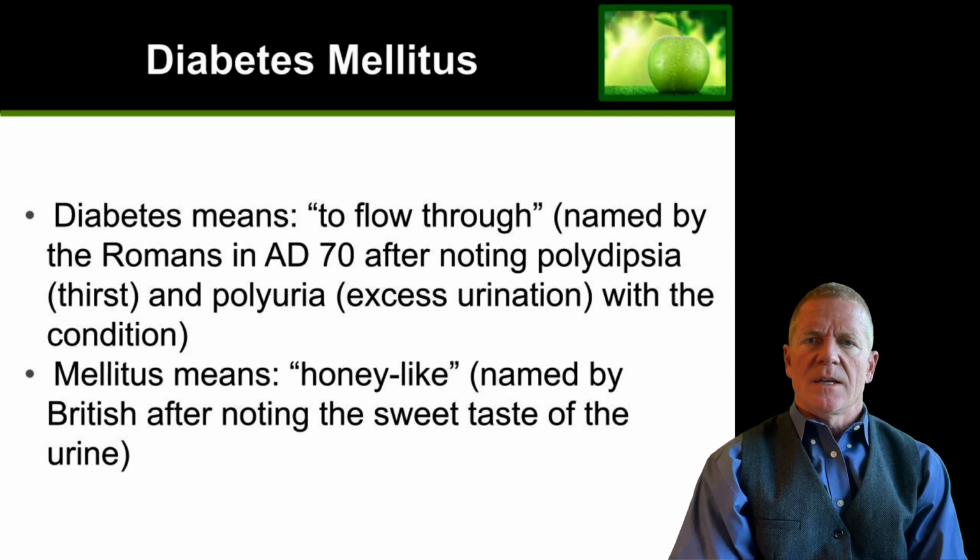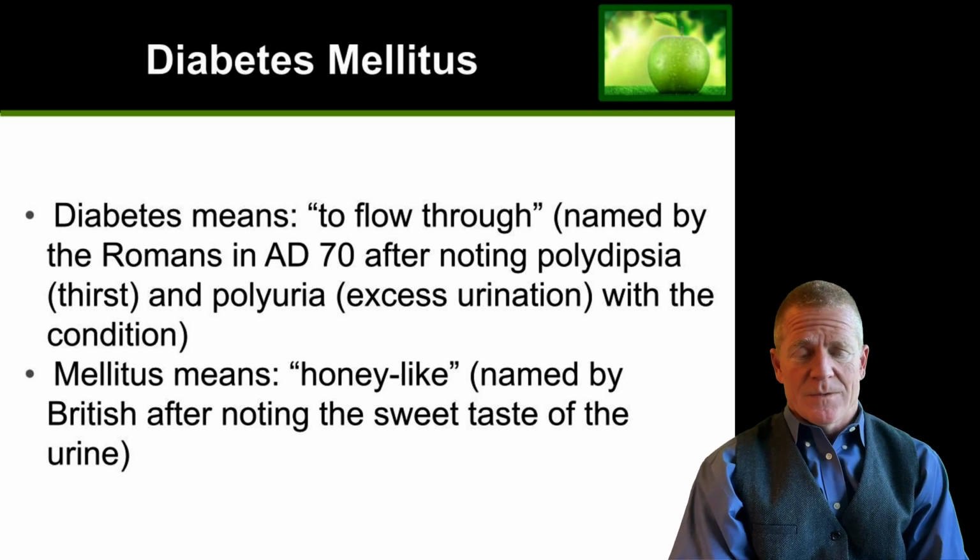So they were drinking and urinating in excess. Later, the British added the word mellitus, which means honey-like, to make diabetes mellitus. That was named after the British physicians noticed that the urine was sweet to the taste. In fact, that was one of the first diagnostic methods for diabetes. Now we have more sophisticated methods.